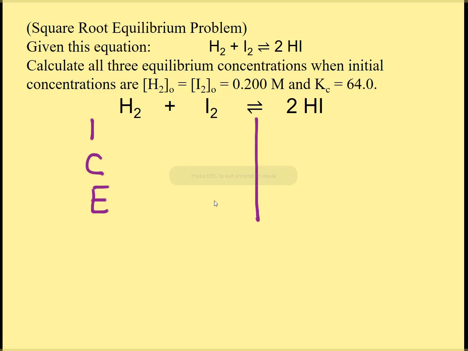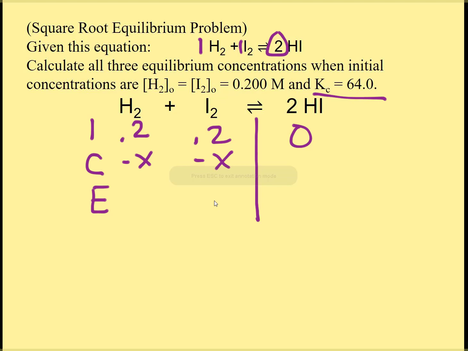So we have initial concentrations. We have 0.2 here and 0.2 here. It's not told us anything else besides our equilibrium constant. And so I can fill this out as a 0. So I'm starting with no products and just reactants. So using the stoichiometry of a 1 to 1 to 2, I'm going to have the reaction go towards the products because, again, I don't have any products.